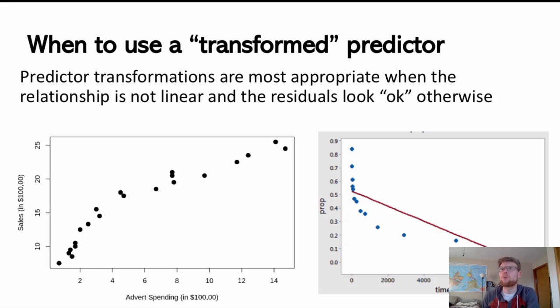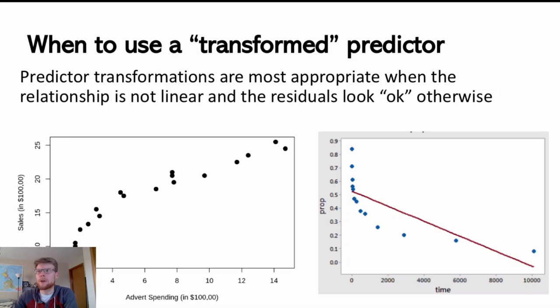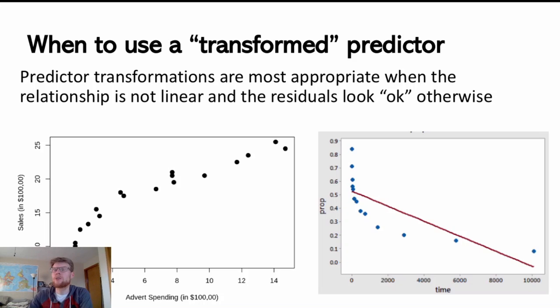All right, so again, when to use a transformed predictor, I'll go ahead and move back over here at this point. So we typically do this whenever we see some curvature in the relationship between a single predictor and the response variable.